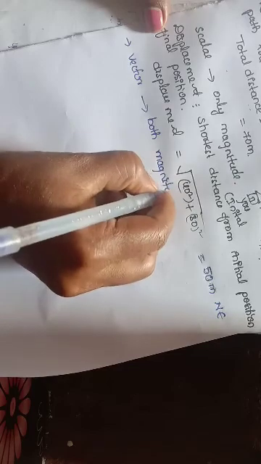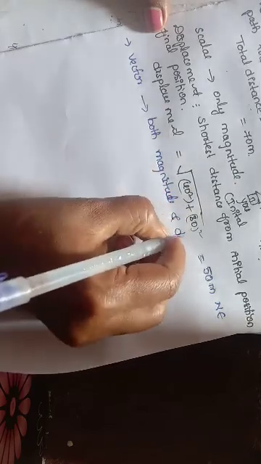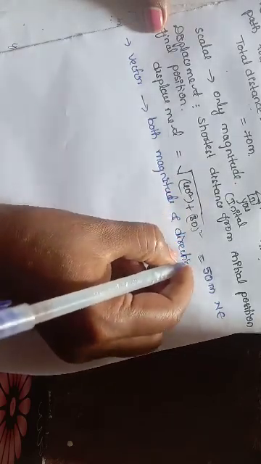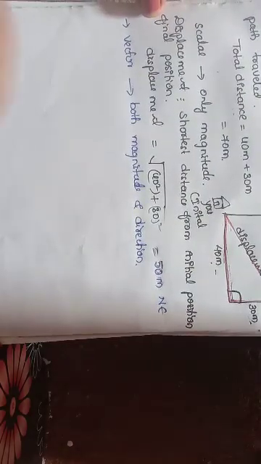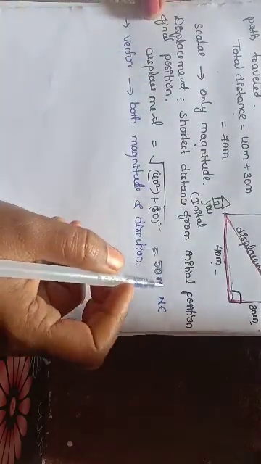Displacement is a vector quantity. A vector has both magnitude and direction, so always indicate the displacement with the direction. Here displacement is equal to 50 meters northeast.